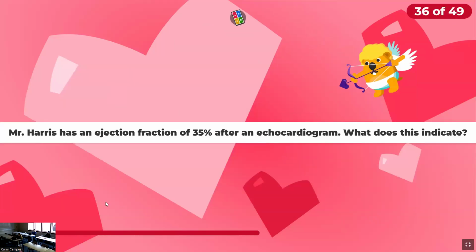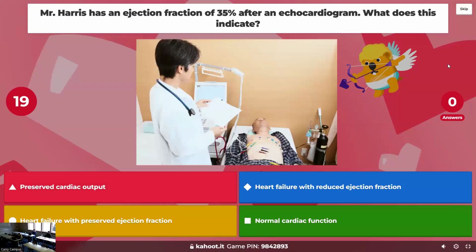Mr. Harris has an ejection fraction of 35% after echocardiogram. What does this indicate? And the green is normal cardiac function, yellow heart failure with preserved ejection fraction.